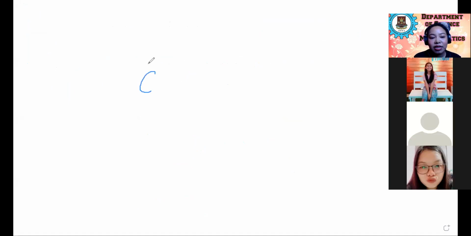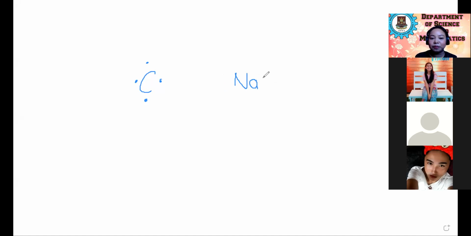So si carbon has 4 valence electrons. Then si sodium. Kinsay makatag-an pilay valence electron ni sodium? 1. Very good. Okay. So si sodium o si carbon.